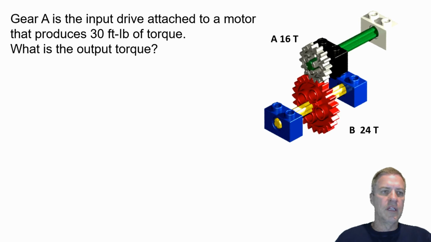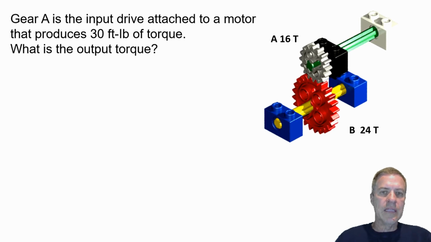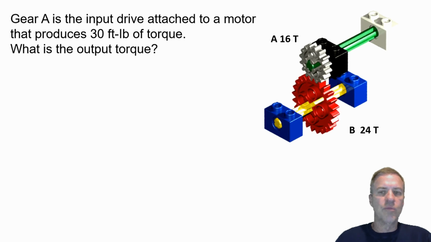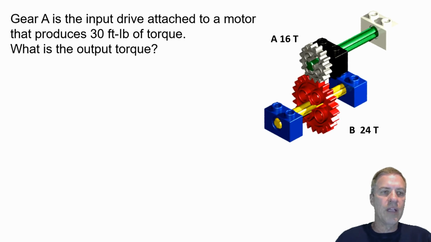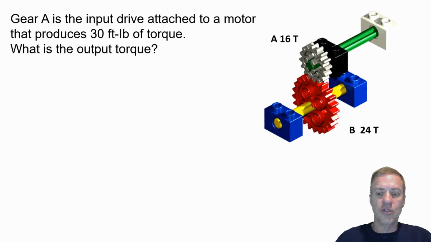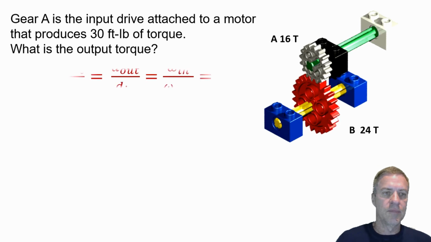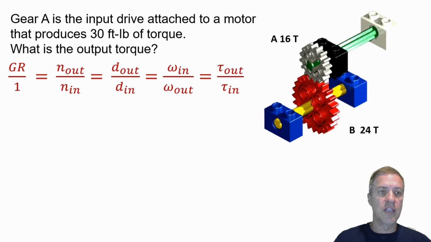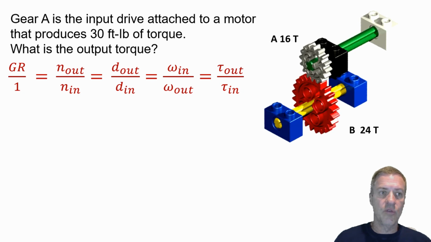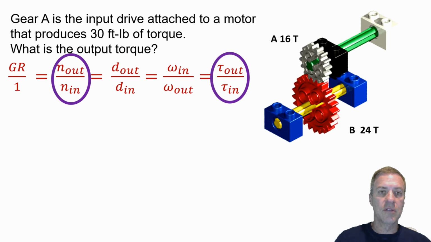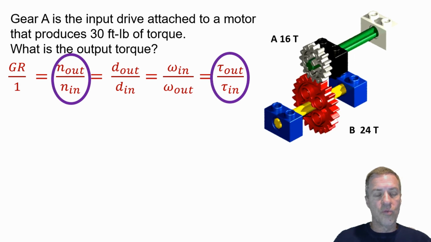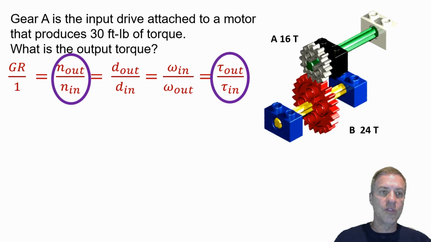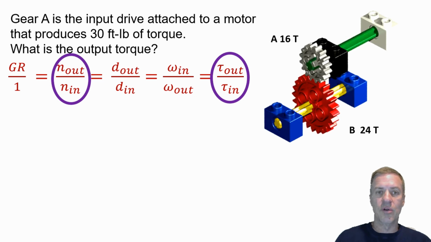All right, now if we look at this setup, we've got gear A is the input drive. It's attached to a motor that produces 30 foot-pounds of torque. What is the output torque? All right, so our ratios are still the same. We just look at what we have and what we need. Okay, we have the number of teeth in and out. We've got our input torque. We're looking for our output torque.